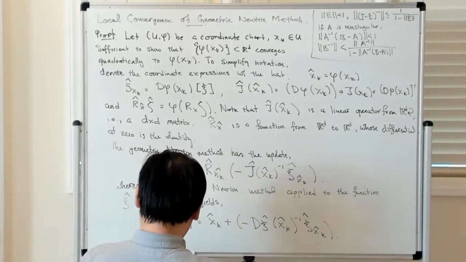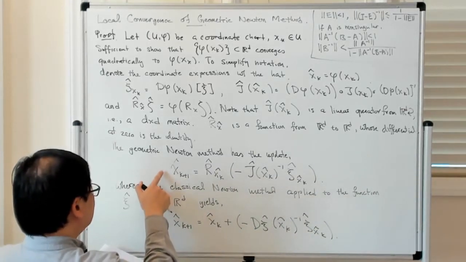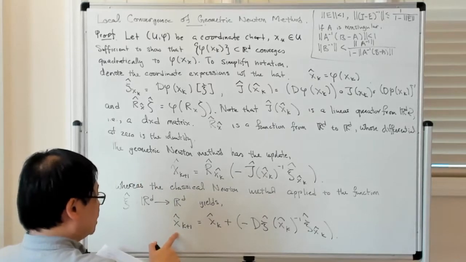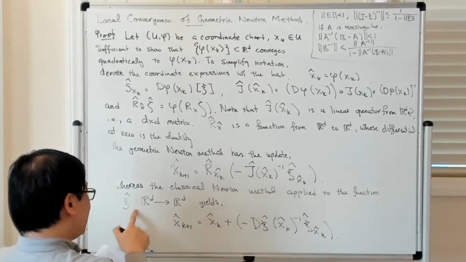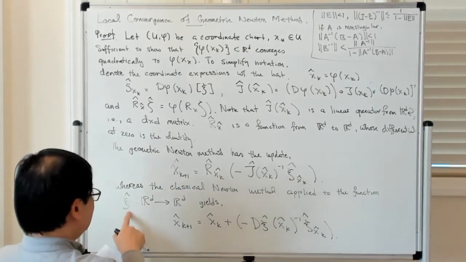So what is the idea then? The idea is to compare the geometric Newton method sequence with the sequence which comes from the classical Newton method applied to this coordinate representation of the vector field.